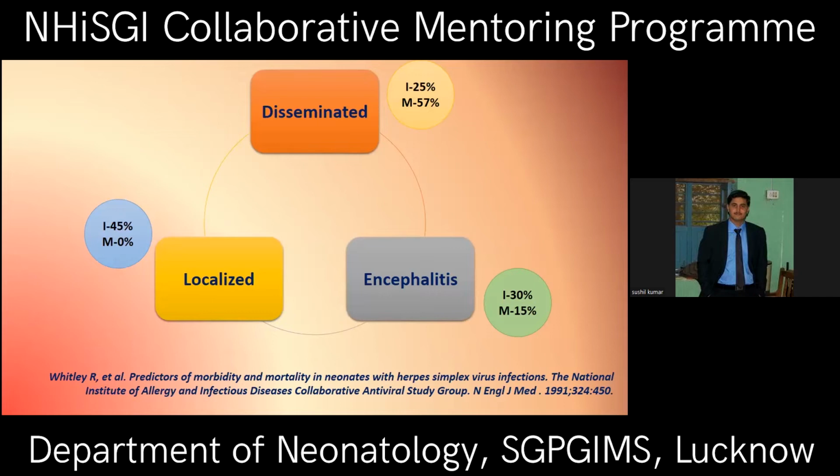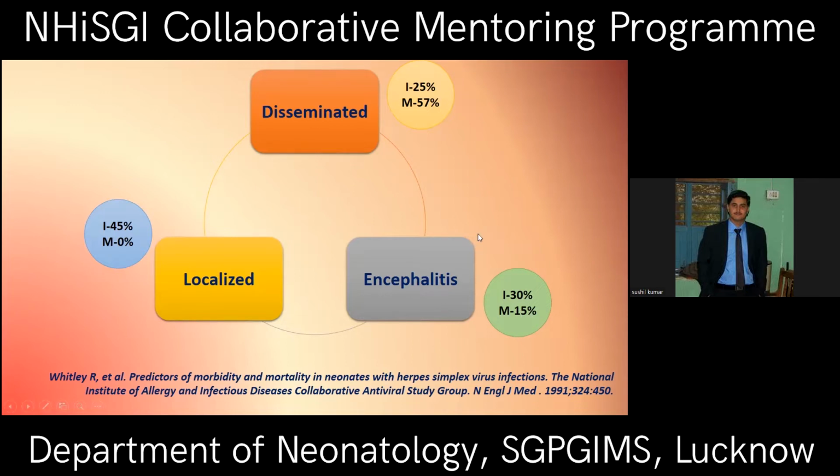Second is disseminated infection, that is multi-organ system involvement with worse prognosis. It has a mortality as high as 57 to 60%. And the last is CNS infection, manifesting as viral meningoencephalitis with an incidence of 30% and mortality of 15%.